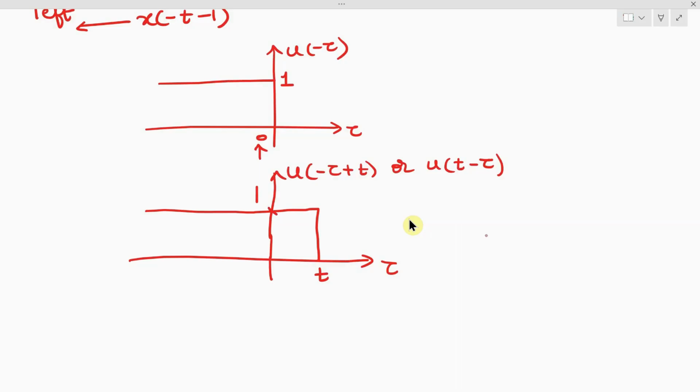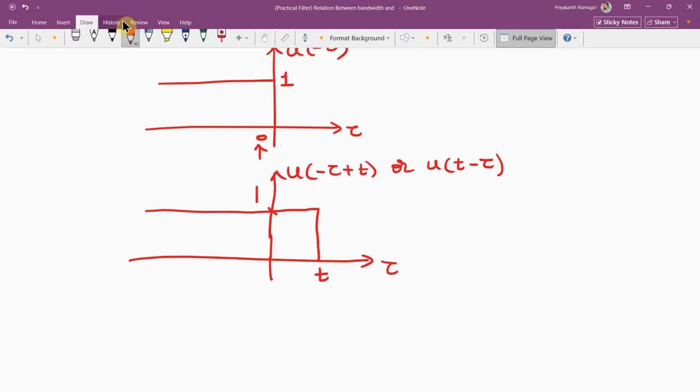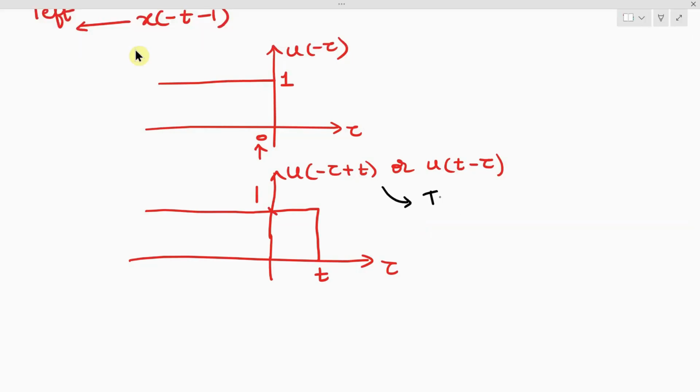Now, please tell me, for this signal u of t minus tau, what will be the time limits? Minus infinity to t. Right, exactly. Minus infinity till t you will get. So time limits will be minus infinity to t.